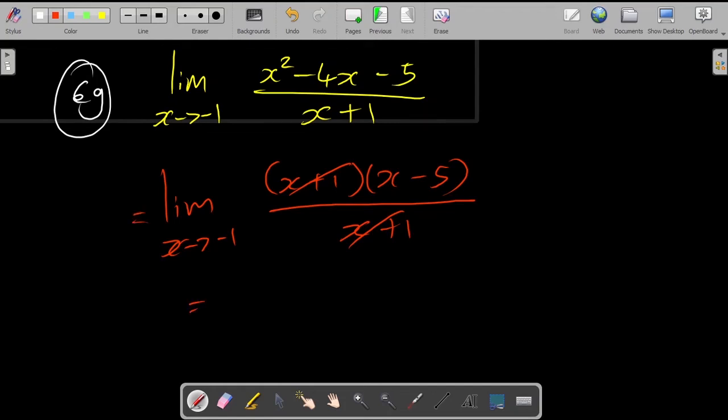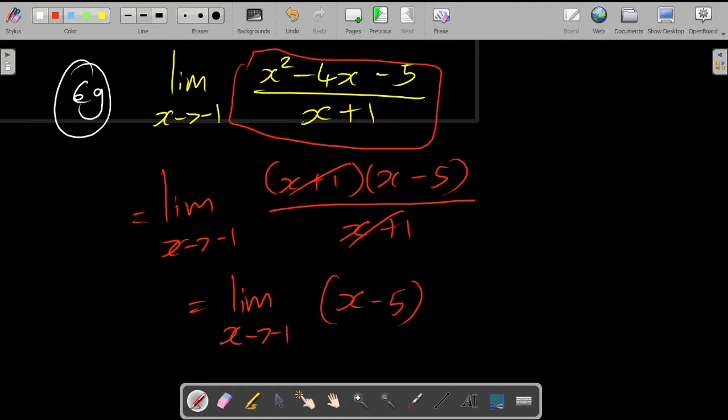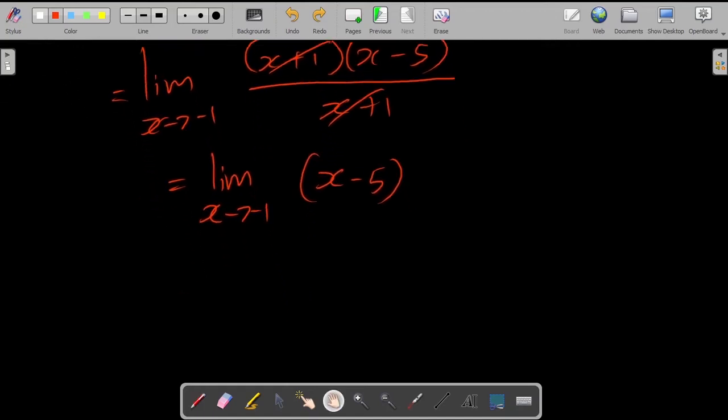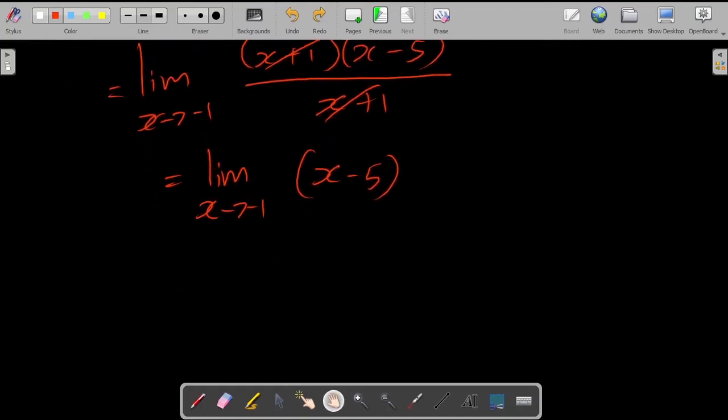And what you'd finally have is this. So now this original question became the limit of x minus 5 as x approaches -1. So now we can do that direct substitution, and it would lead us to -6 as our answer.